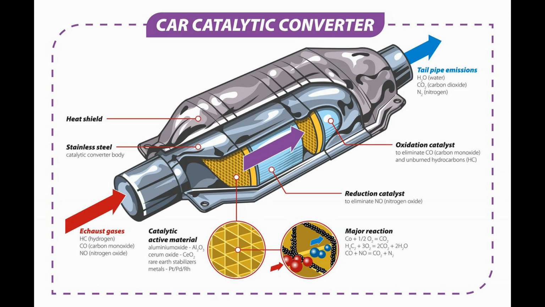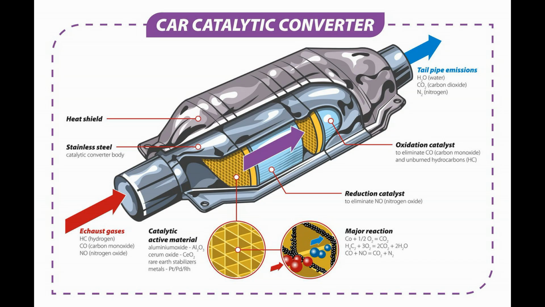So the function of the catalytic converter is to reduce harmful emissions by converting pollutants like nitrogen oxides, which they abbreviate as NOx, the X representing any number, so NO1, NO2, NO3, NO4, and so on, and carbon monoxide, CO, and hydrocarbons, HC, unburnt hydrocarbons, into less harmful substances.